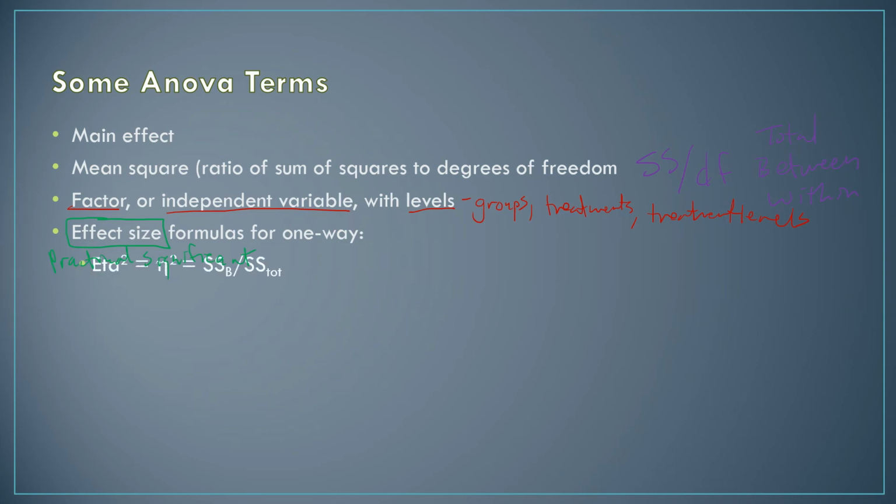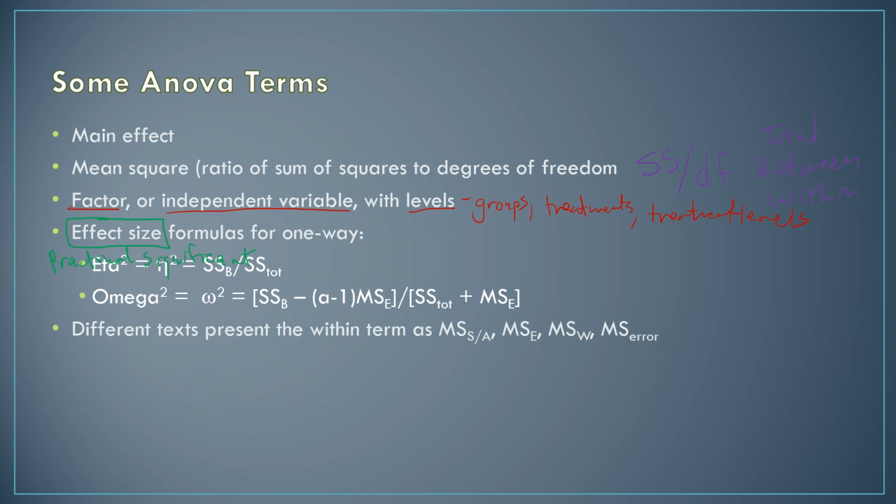There are several of these effect sizes that we use. We use eta squared and we use omega squared. These are really based off of the sum of squares, and still using that variance to be able to assess how big of a difference there is.